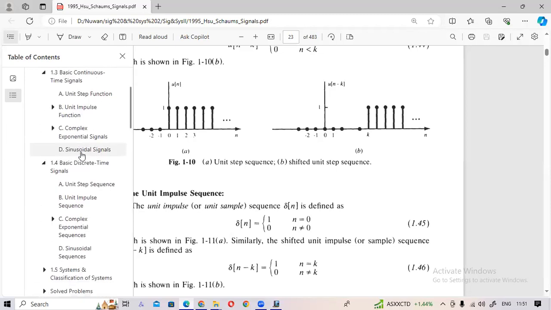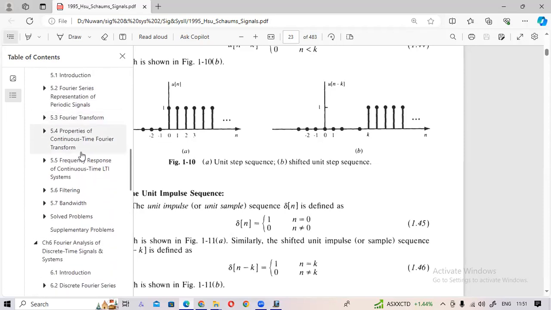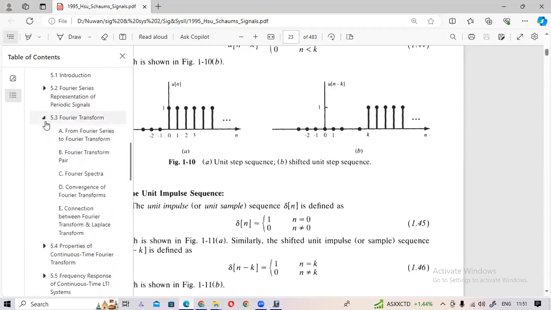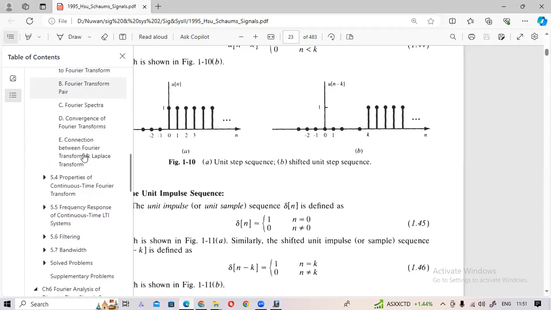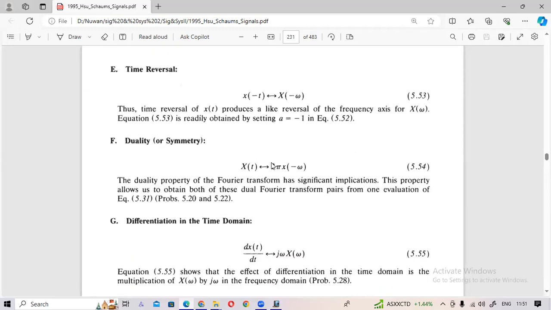For a continuous time signal, these are the properties of the continuous time Fourier transform. This is duality, or symmetry. So what does this mean?